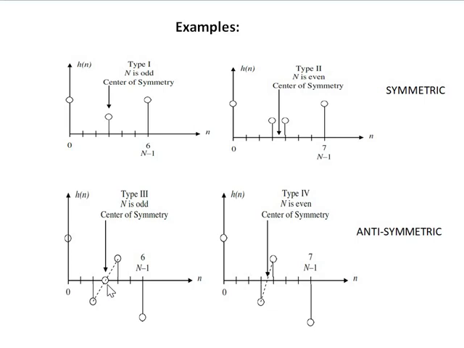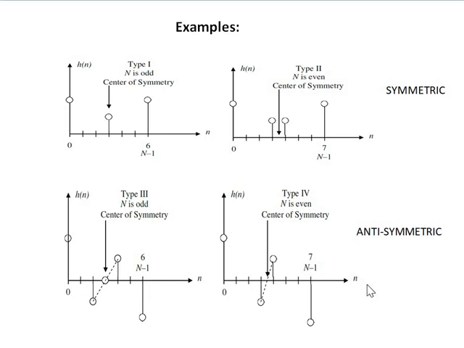That means h of (N minus 1) by 2 is equal to 0 in this case. Here we can separate the n index also into 3: one is at (N minus 1) by 2, another is greater than (N minus 1) by 2, another is less than (N minus 1) by 2.